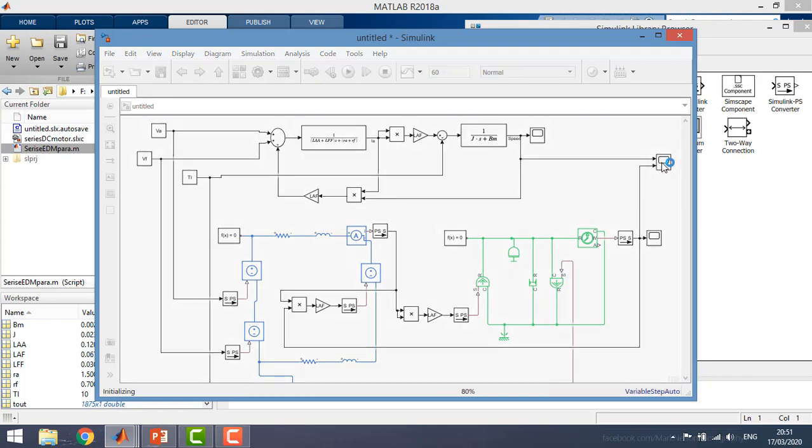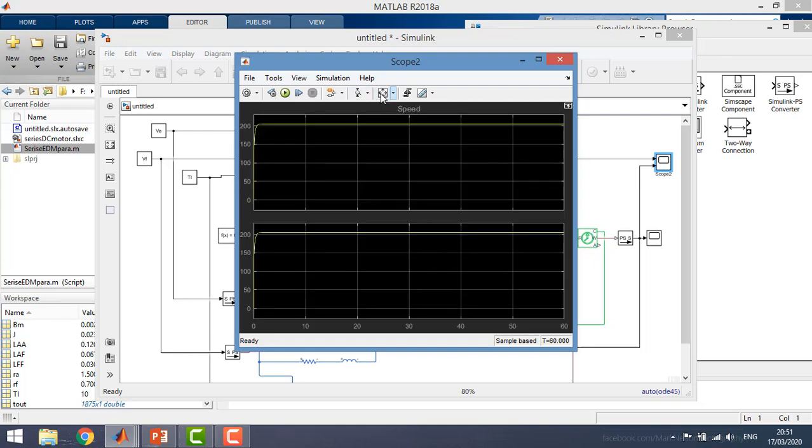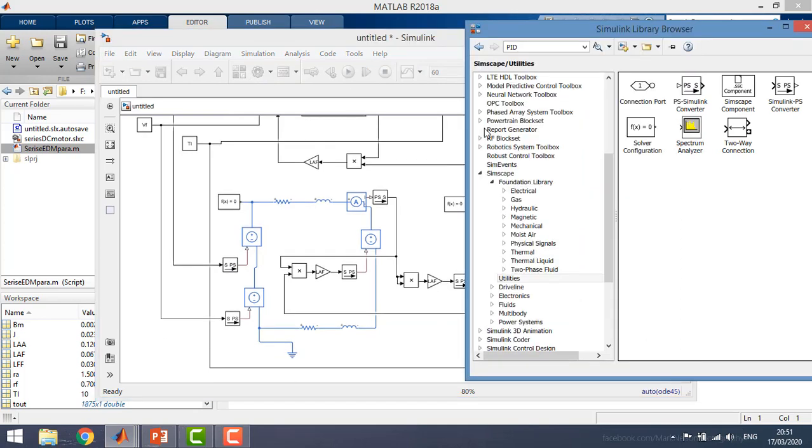Let's check if they are identical. So I guess they are. Yeah, they are.